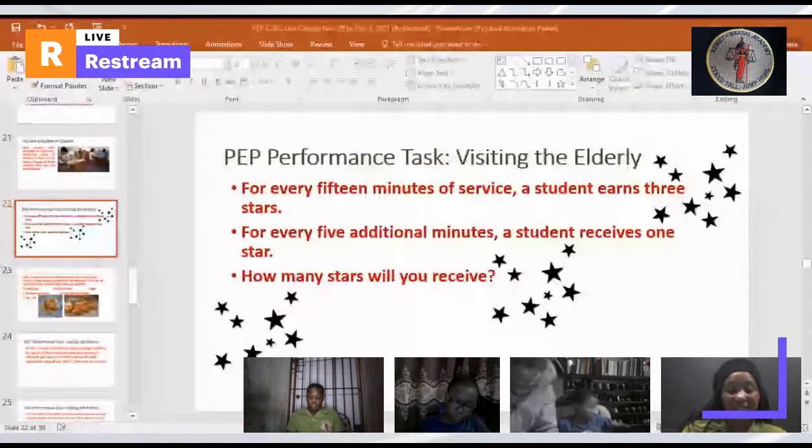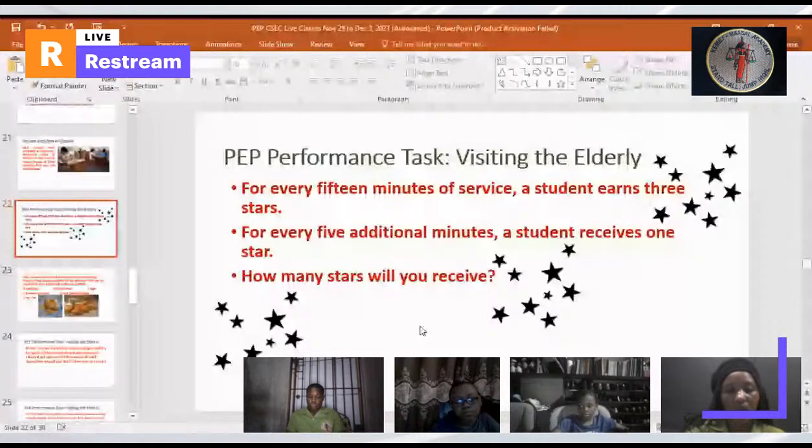Okay. This other part of the task is for every 15 minutes of service a student earns 3 stars. And for every 5 additional minutes, a student receives 1 star.